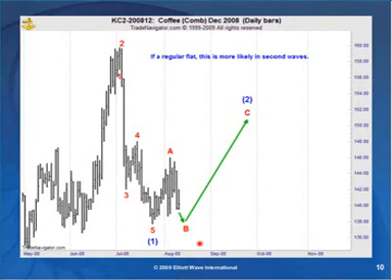The regular flat, where wave B only goes to the start of A, but then you have the C coming up, and since it's a second wave, it's very common to see that C wave go beyond A. A perfect regular flat, the C wave would end right up here, but we often see, and I see this a lot in currencies recently, that the C wave will make a deep retracement, even though the B wave only went down to the start of A.